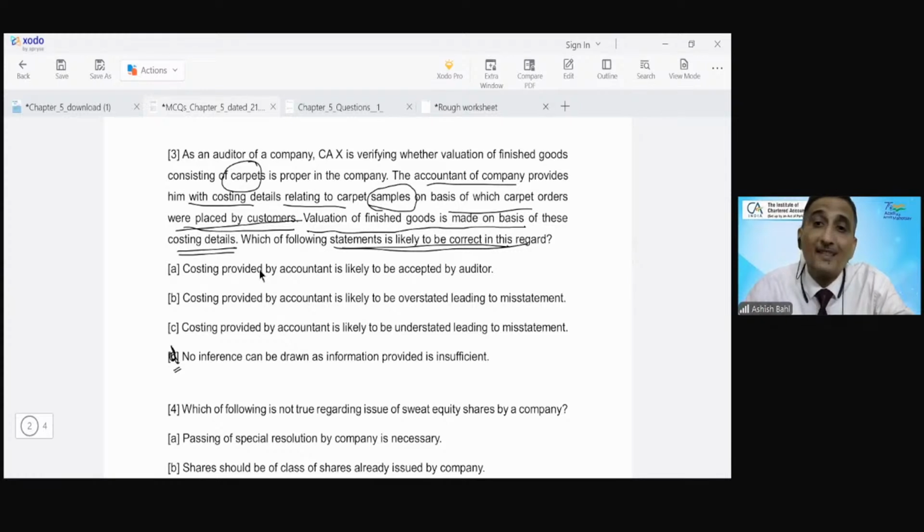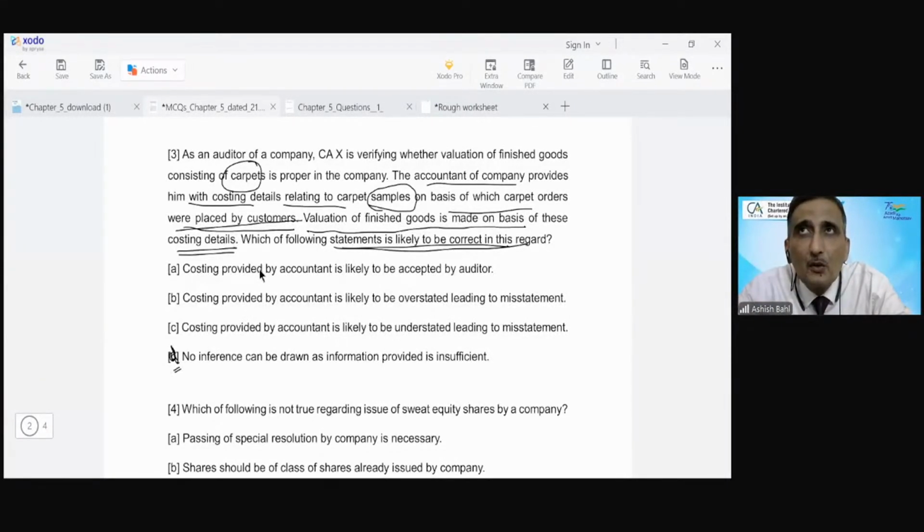Yes, Tejaswini, you are saying higher costs. Why? Because for samples, cost would be higher because you would be taking small material. You would have to make it pass through different processes. Like in case of carpets, you would have to get it dyed, a little bit of sample for manufacturing a few pieces of carpets.